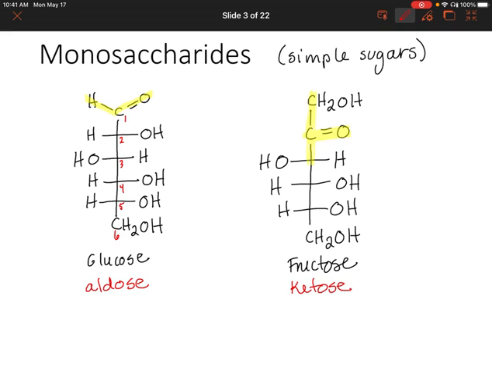So we can also count the number of carbons in the molecule. For instance, in glucose, we have 6 carbons. So that would be an aldohexose. And then notice that the ending is OSE. So that indicates that we have a carbohydrate. What would we call fructose?